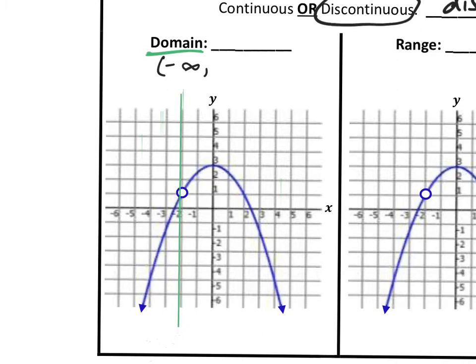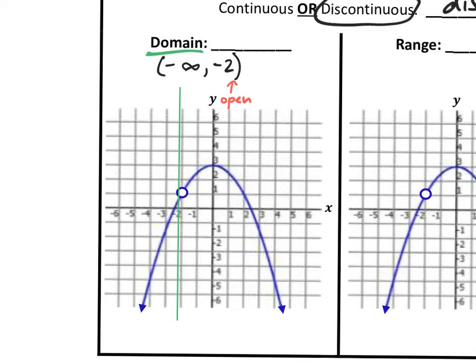So my first piece ends at -2, and I'm going to put a parentheses because it's open at that location. It's open because there's a hole, right? All right. So this part of the interval is responsible for that piece on the left.